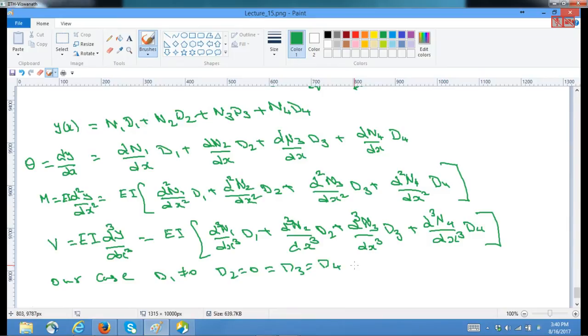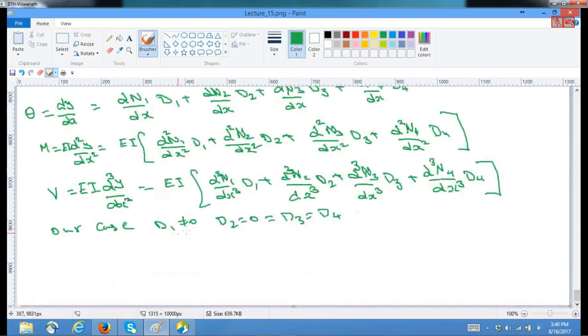In that case, my bending moment M would simply become EI d square N1 by dx square D1, and my shear force would become EI d cube N1 by dx cube D1.